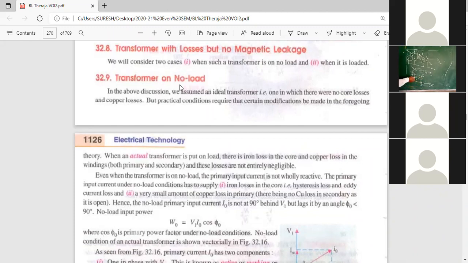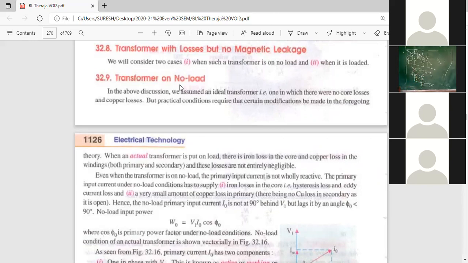Now see here. This is one right angle triangle. This line is IM and this line is IE. These two are parallel lines.